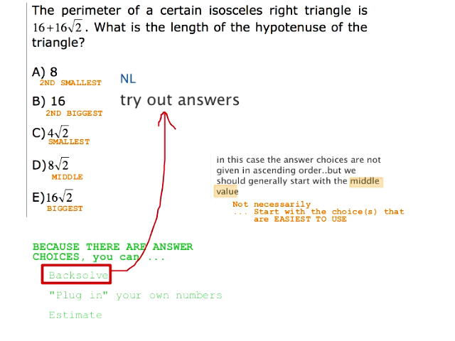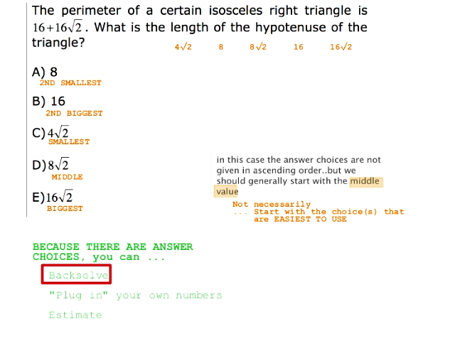What I would do is write these again on my scratch paper in order this time. So 4 square root of 2, 8, 8 square root of 2, 16, 16 square root of 2. Now, considering that you are going to plug these in for the hypotenuse of a 45-45-90 triangle, which values are easier to use here?